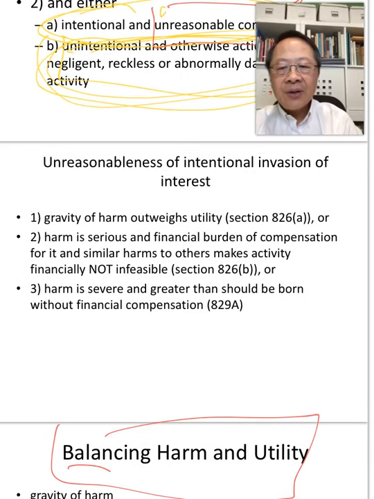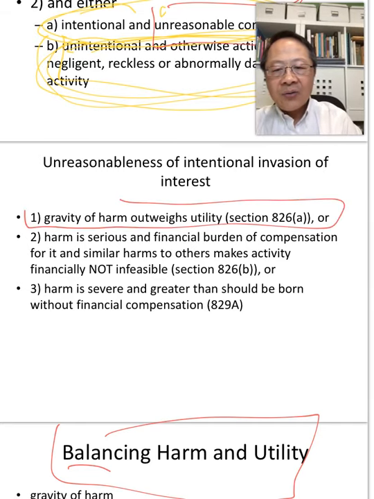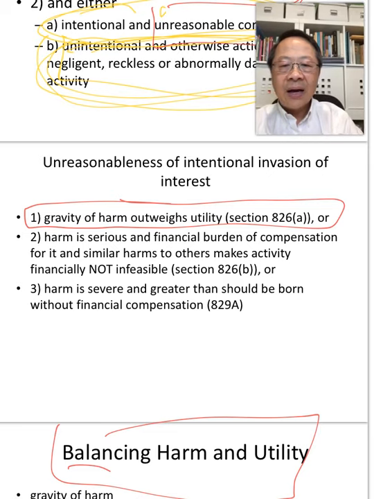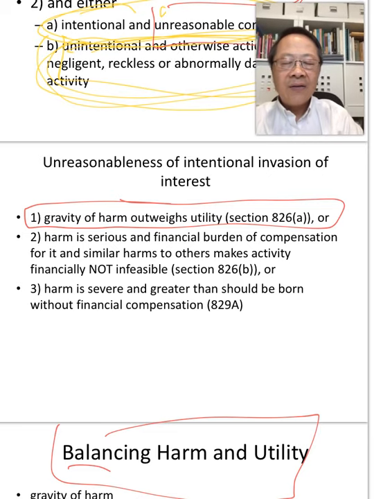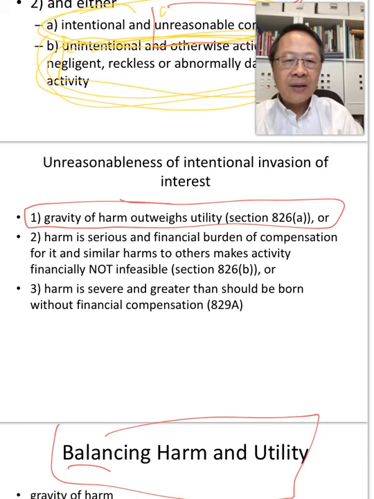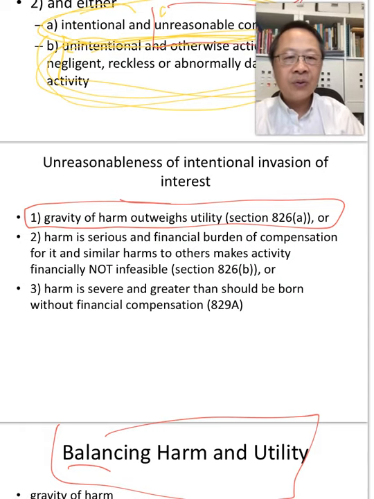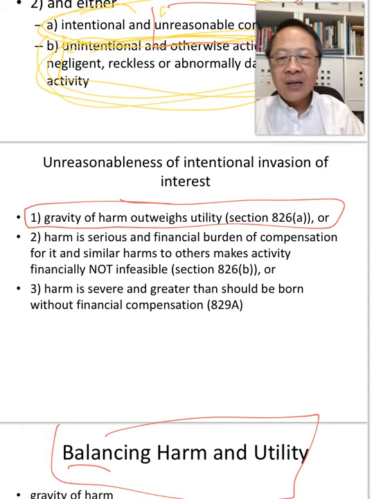And it is captured in one of the tests for addressing or analyzing the unreasonableness of that invasion of the neighbor's interest, or the person who's bothered, who claims the nuisance.